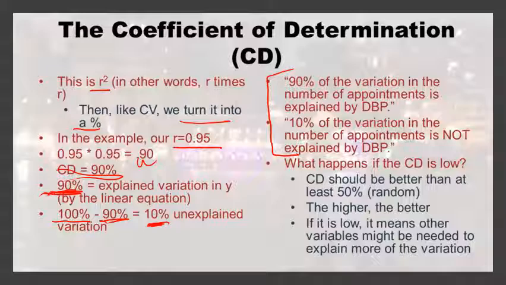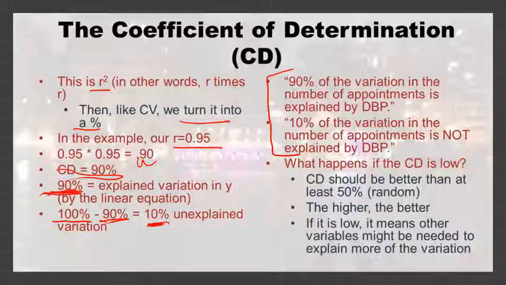Really, that's all that is. If it's a super low CD, a super low percentage, that means that a very small portion of the variation in this data is accounting for the variation or the fluctuations in Y, whether Y is going up or Y is going down.